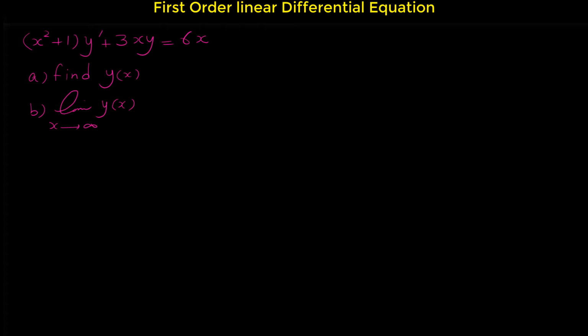So the first step is to divide the left side and the right side of this equation by x squared plus 1 to get rid of x squared plus 1. We get to this equation, y prime plus 3x over x squared plus 1, y equals to 6x over x squared plus 1.